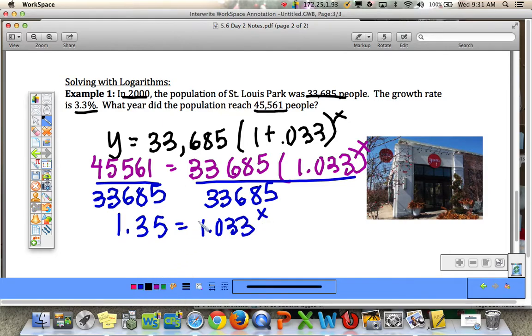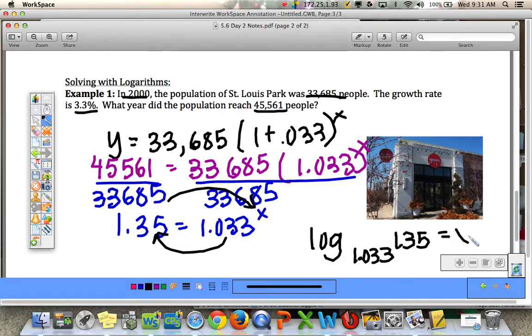I'm going to use a logarithm to solve. The base is 1.033, log of 1.35, and that equals x. Type that in your calculator and it'll tell us how many years.